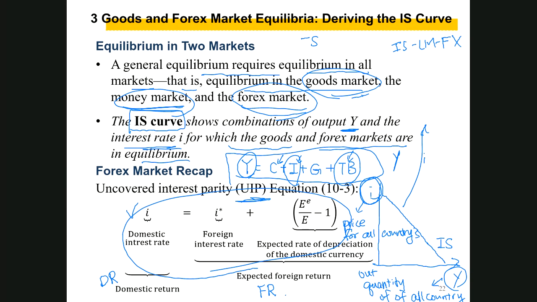So remember, we are going to have a foreign exchange market, something like this, where the vertical axis is I and the horizontal axis is the exchange rate.